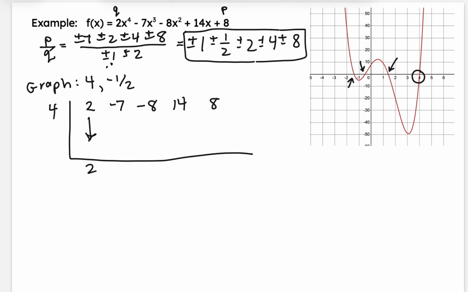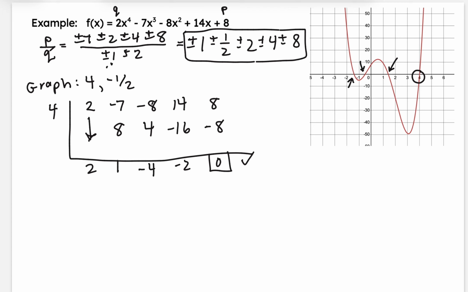So this would be 2. 2 times 4 is 8. -7 plus 8 is 1. 1 times 4 is 4. -8 plus 4 is -4. -4 times 4 is -16. This would give me -2, -8, and we get 0. So that means yes, 4 is a zero and it works.